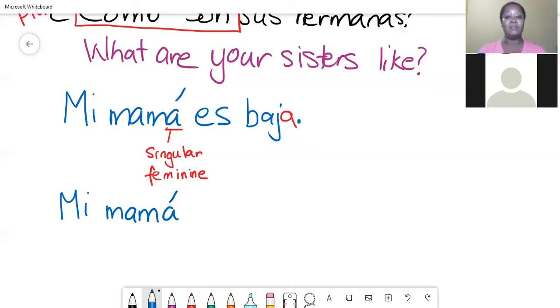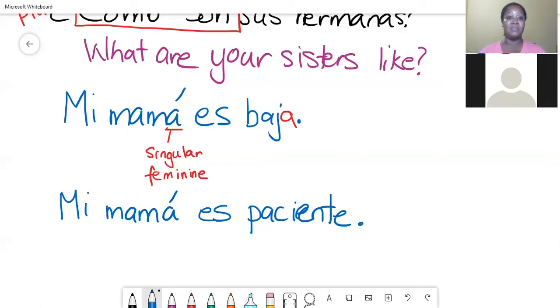So if I wanted to say that mi mamá es, let's say she's patient. Now the word for patient is paciente. Paciente is one of what we call our two-form adjectives. So all that it will have is a singular or a plural. It will not necessarily carry a gender. It won't be male or female.